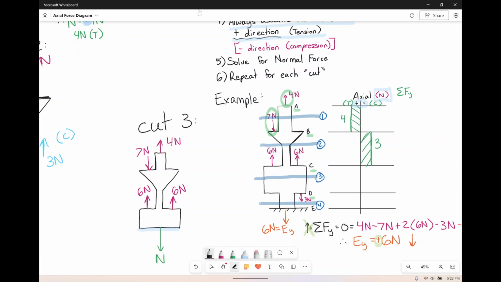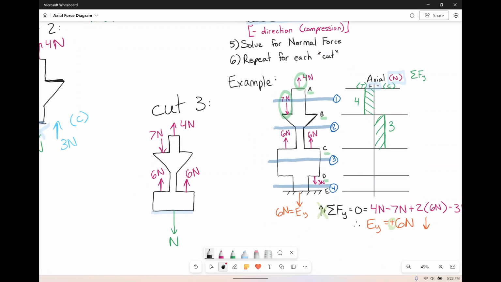So away we go. Again, we're going to sum some forces in the y direction. Set it equal to 0. Again, for this equation, I'm assuming up is positive. So let's see what we got. We got 4 newtons going up. Then we got 7 going down, so that's -7.